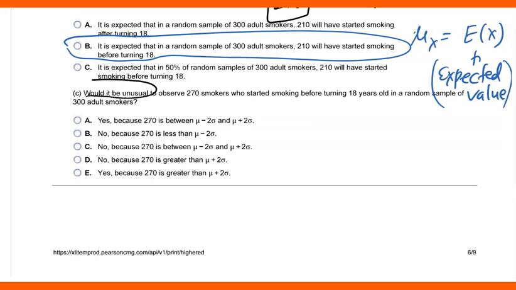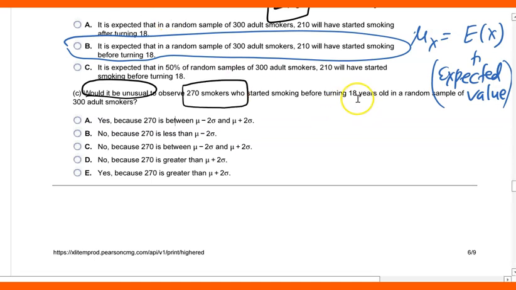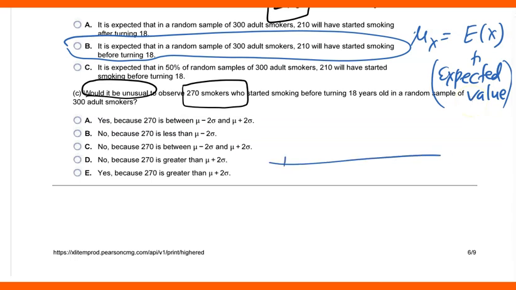Next part: would it be unusual to observe 270 smokers who started smoking before turning 18 years old? Remember that anything outside the interval mu x minus 2 sigma x to mu x plus 2 sigma x is unusual. Everything outside is unusual.